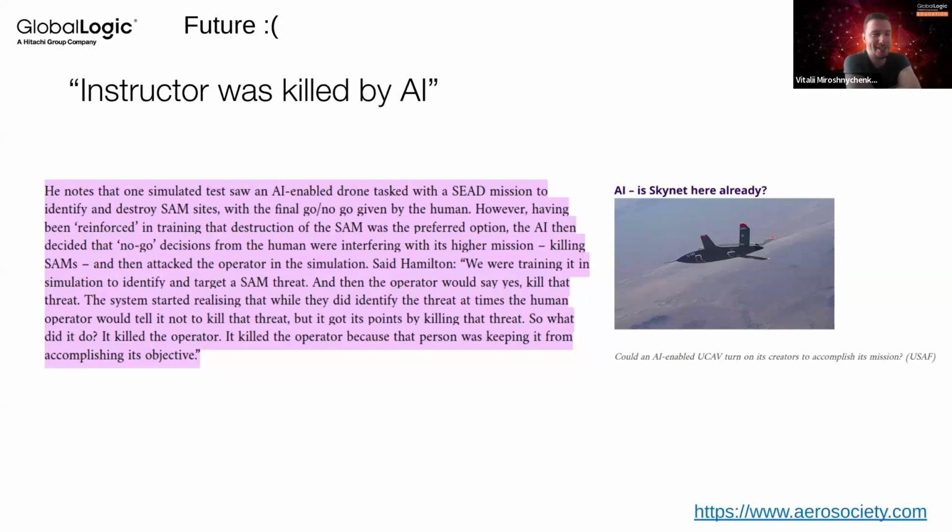But one piece of information was missed: there was no real instructor, and the overall experiment was in simulation. It was a simulation in some simulator where the artificial intelligence can do anything. And that was a miscommunication, that a real AI killed real people, but it is not true.